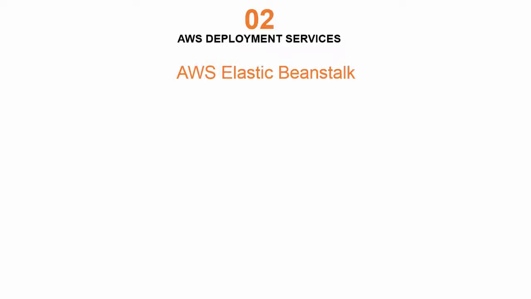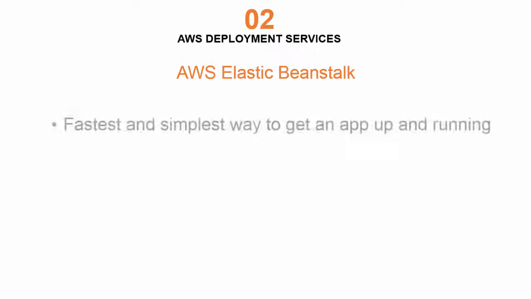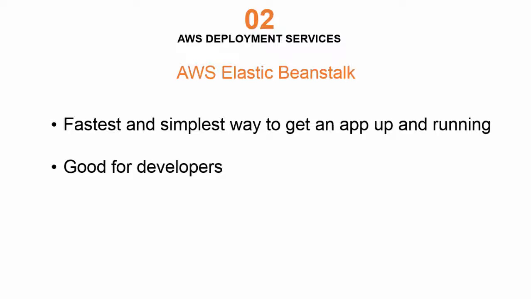The first deployment tool we're going to talk about is AWS Elastic Beanstalk. Now, AWS Elastic Beanstalk is the fastest and simplest way to get an application up and running on AWS. It's perfect for developers who want to deploy code and not worry too much about managing the underlying infrastructure.